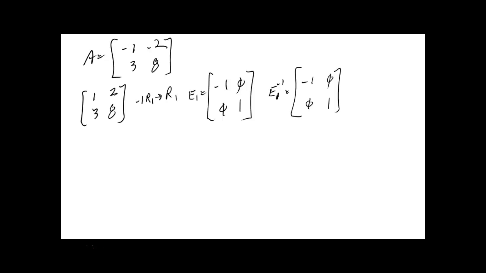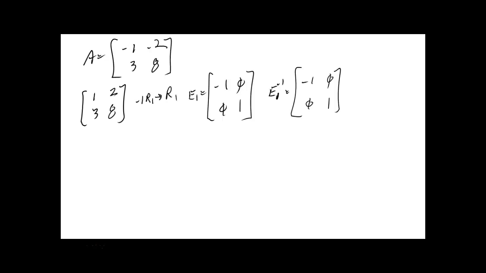What we did before was multiply row 1 by a nonzero number, -1, and then we multiply by the reciprocal of that, which was -1. So that's why it looks the same, but we multiply by a reciprocal.